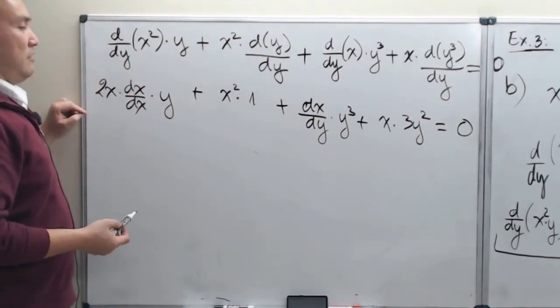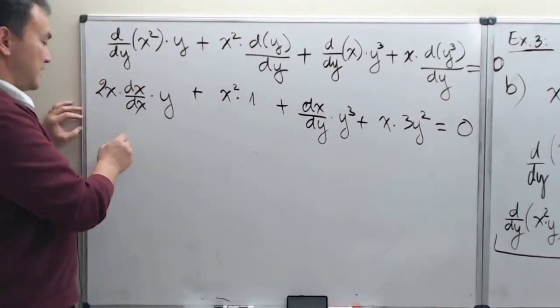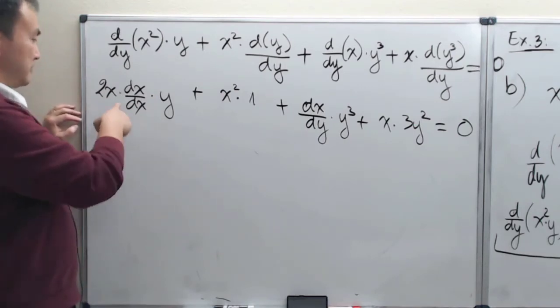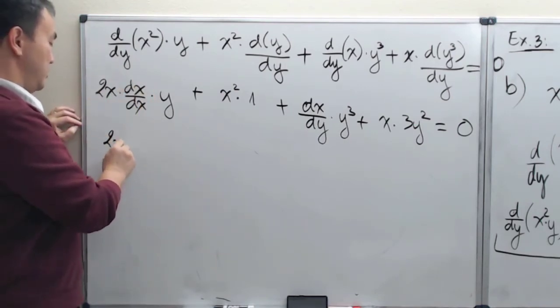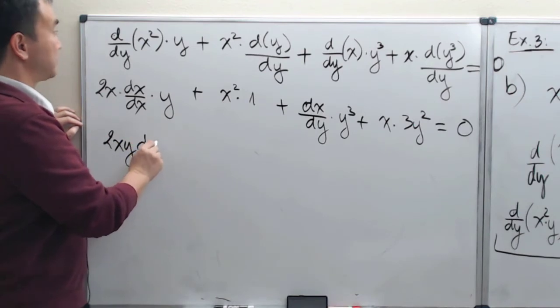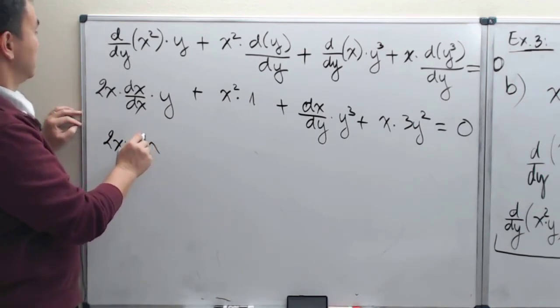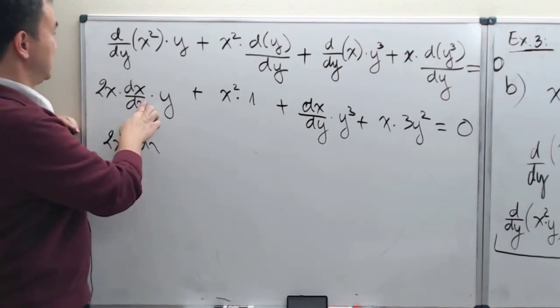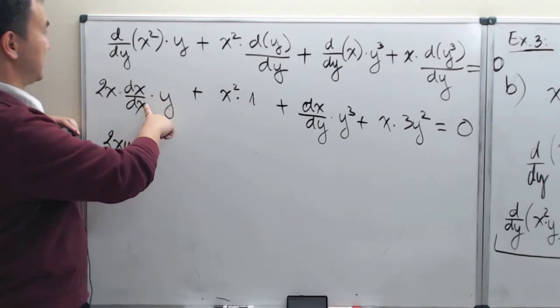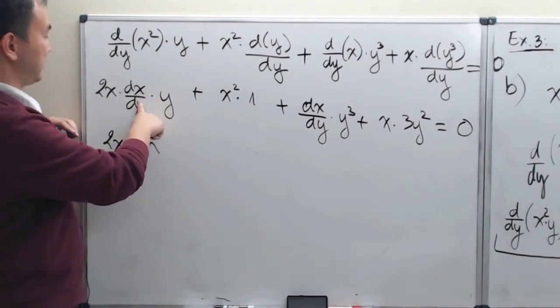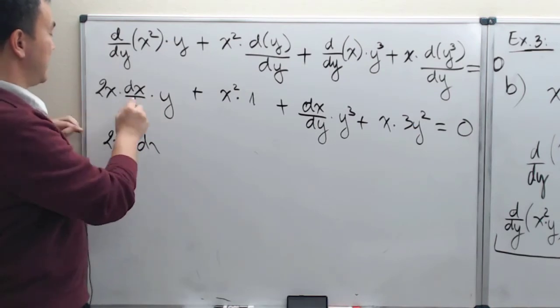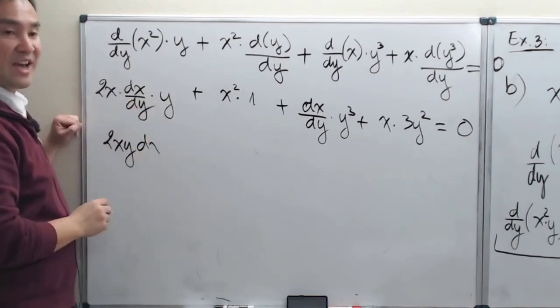All right, so now let's clean up the terms right here. So in my next step, it's just a matter of rewriting the terms. First term becomes 2xy, and see, I already had a mistake right here. I should have written in my earlier step, that should have been dx dy right there, and I wrote dx.